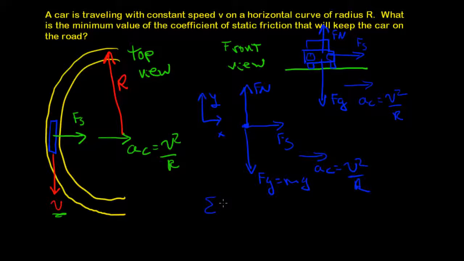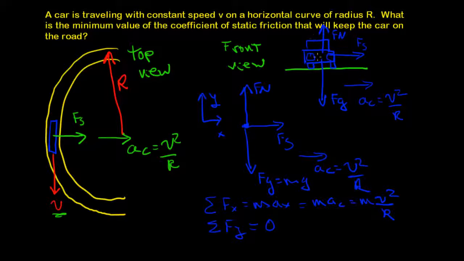We can say, look, the sum of the forces in the x direction equals m a sub x, and that's equal to m a sub c, and that's equal to m v squared over r. Similarly, the sum of the forces in the y direction just add up to 0, because the car isn't moving off the road or into the road.